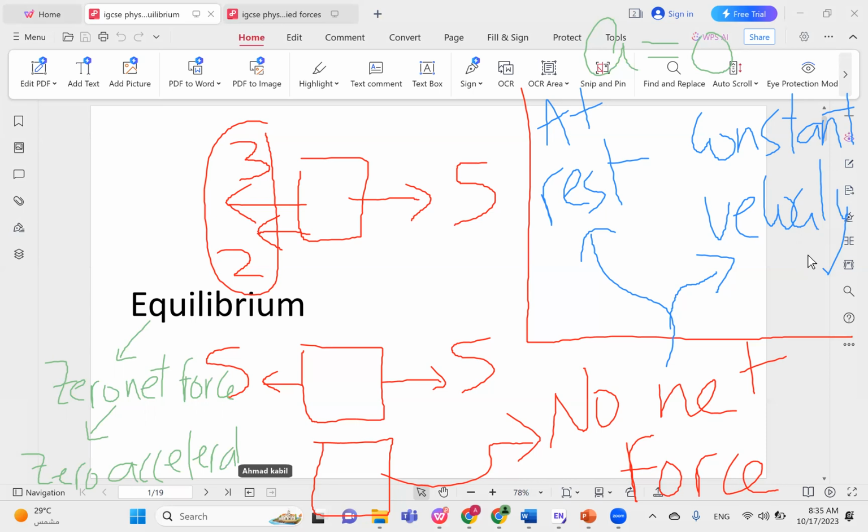So zero acceleration does not mean that it must be at rest. It could be at rest or moving with constant velocity. This is the summary of today's concept, and this is what we will be tackling in the following questions.